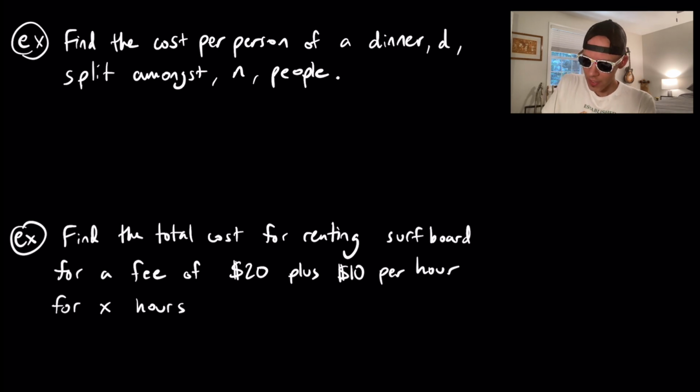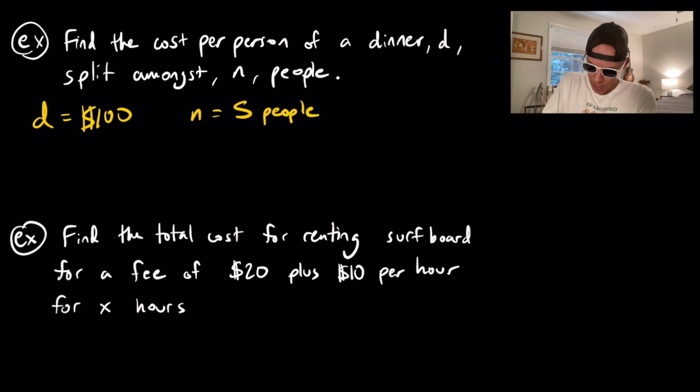All right, so let's say the dinner costs $100, and then there are, let's say, 5 people. So N is equal to 5 people. Well, how much would it cost per person? Well, we would take the cost of the dinner and then divide it by the number of people, and you would get $20 per person.